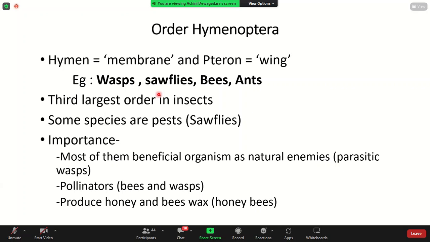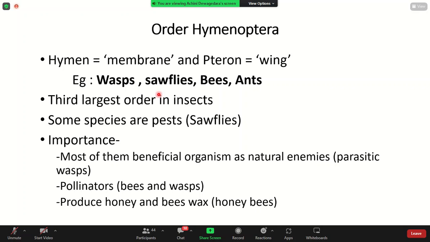Bees are pollinators. Yes, bees act as pollinators. What about wasps? Wasps act as natural enemies of other pests. They consume and eat other harmful pests. Right?